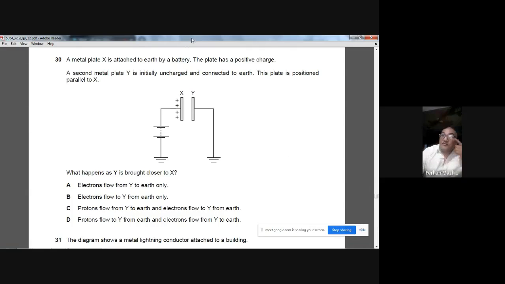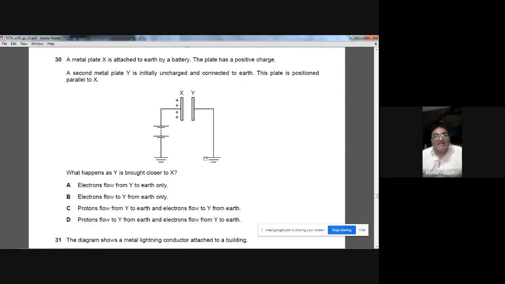You see, it's a metallic plate. When you bring it near X, which is positively charged, the electrons will be attracted here. So from the Earth, the electrons will travel to Y. Electrons flow from Earth to Y. Protons cannot flow, so C and D are not at all the option.